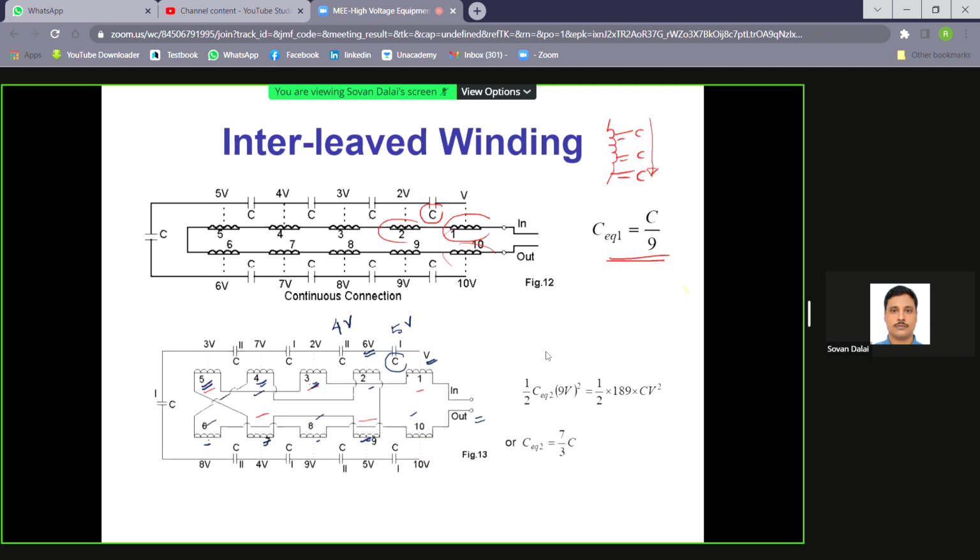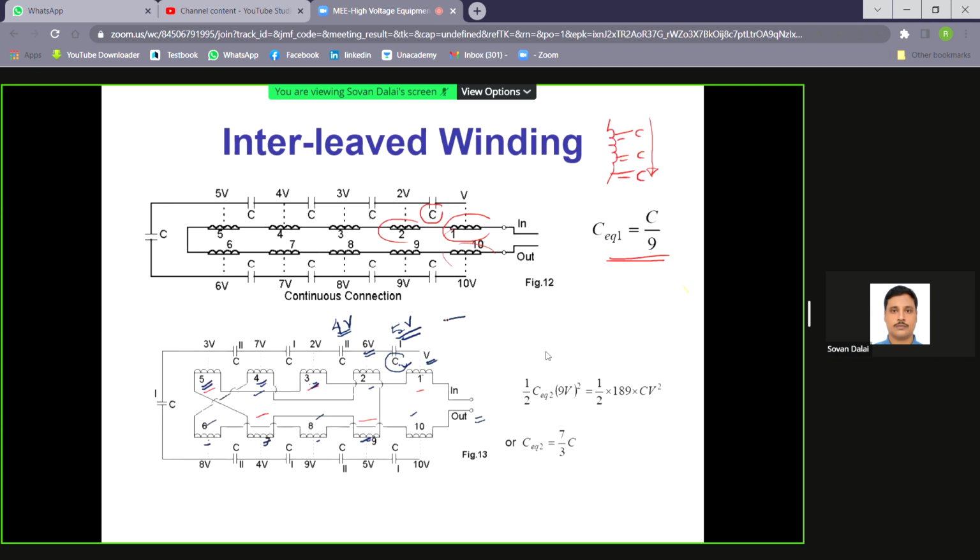Now consider the capacitance between the adjacent discs 1 and 2. Because the geometric configuration as well as the parameters, epsilon r, epsilon 0, are all constant, physically that value is C, but this capacitance is subjected to 5 volt, and this capacitance is subjected to 4 volt. So there are 2 sets of capacitance.